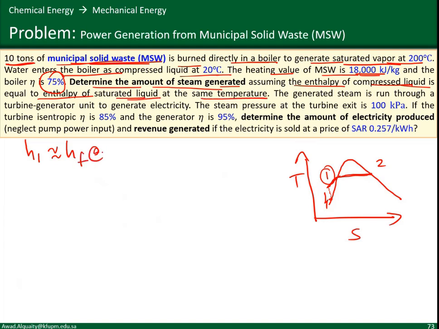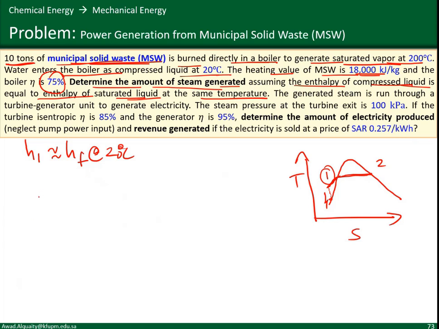So we can take the assumption that h1 is almost equal to hf at 20 degrees Celsius. This is a very reasonable assumption. It's not something new. This is standard practice in thermodynamics. When we are dealing with compressed liquid, the pressure doesn't have much of an effect, so we don't even have to know what pressure it is at.